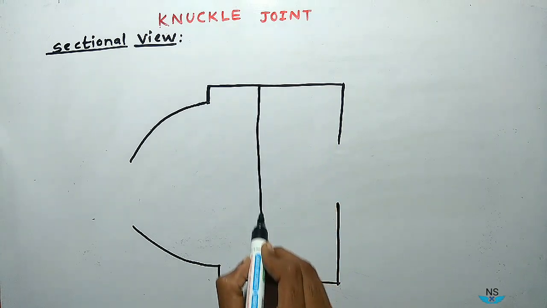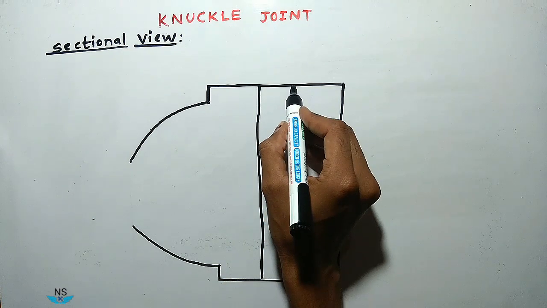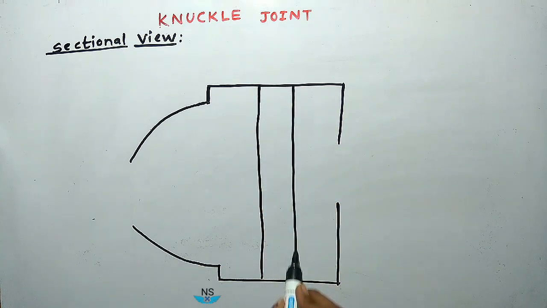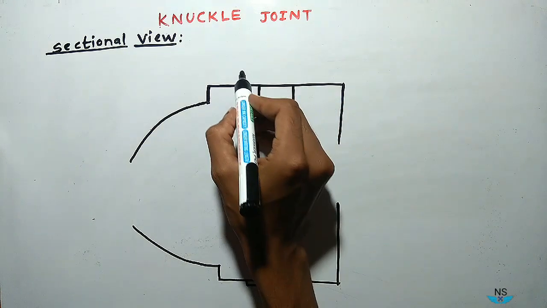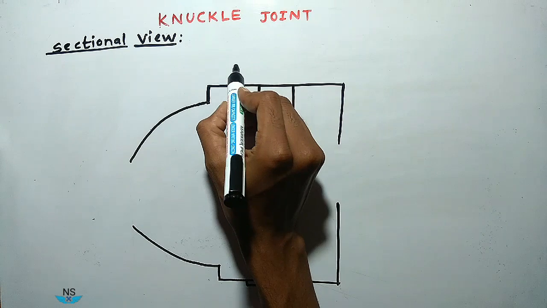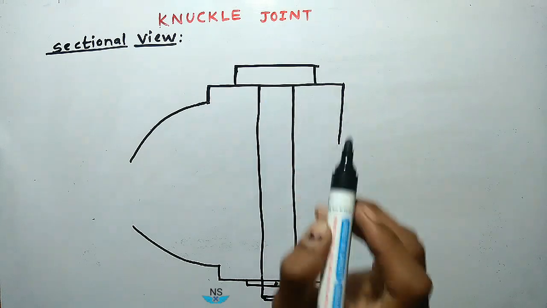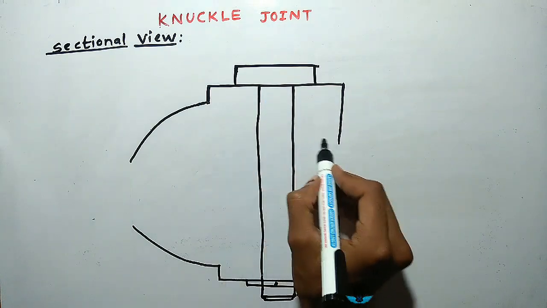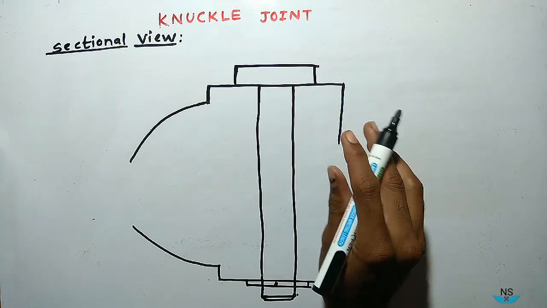At the center there is a hole for the pin. I am drawing the pin here. This is the pin, and this is a split pin. This is the head of the pin. Now let us see.